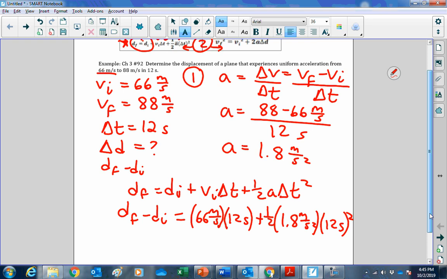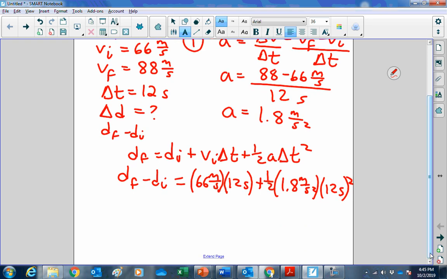Okay. So then this is basically delta D, which is what I'm looking for. I'm gonna get pretty big numbers here, so I'm keeping 2 sig figs. The seconds are canceling.